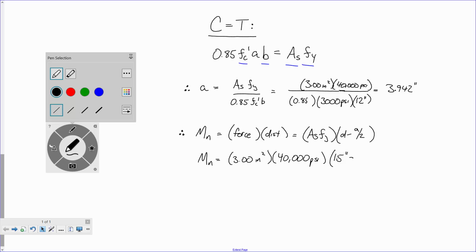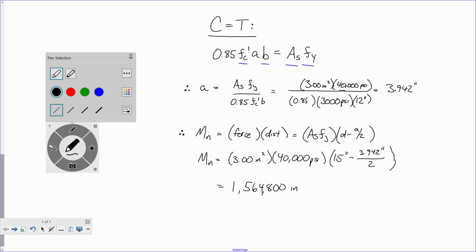We just calculated A, 3.942 inches over 2. And that equals, you tell me, what's it equal?